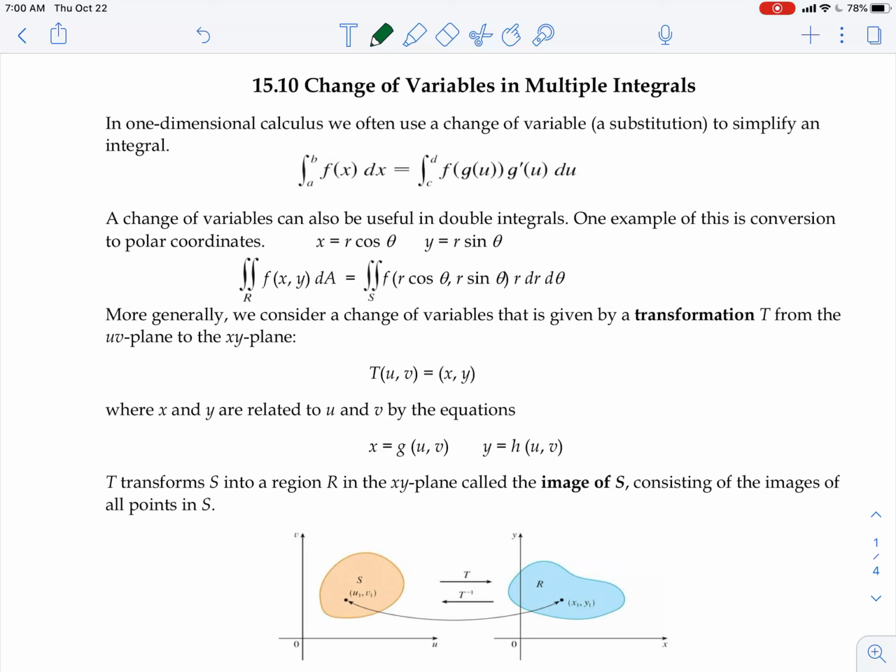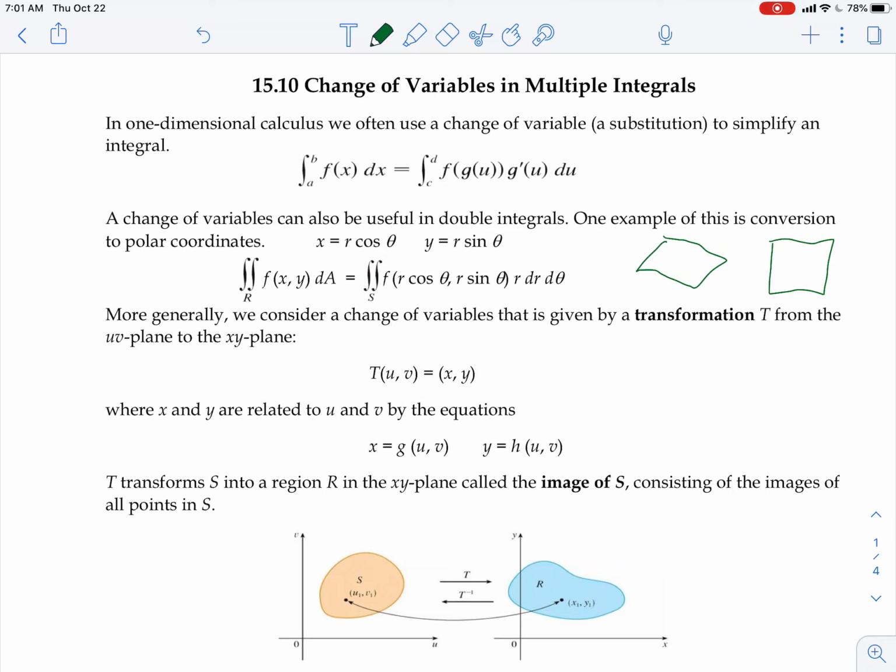Or we may have something like a parallelogram, and we don't want to integrate above that, because we'd have to break it up into a few double integrals. We can change that parallelogram to be more of rectangular coordinates. Now the integration is not going to be very difficult.